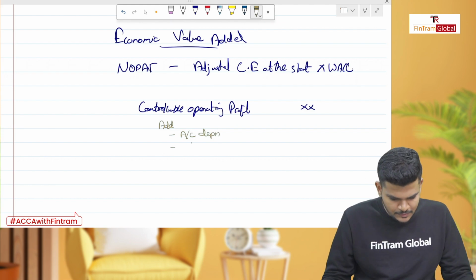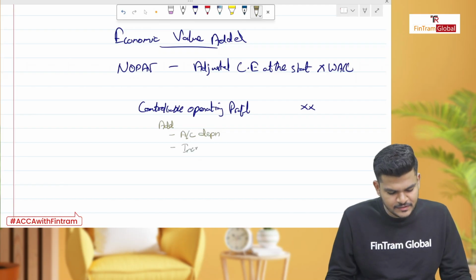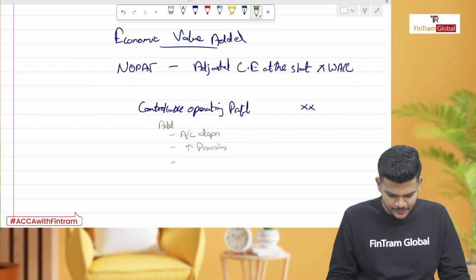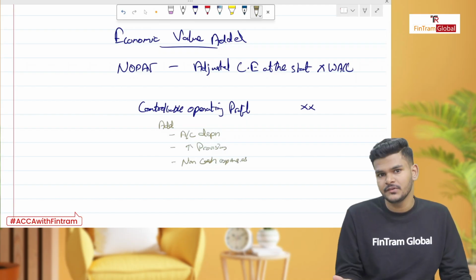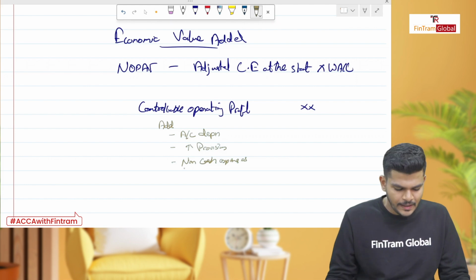And what else? If there is an increase in provision, then that needs to be added back as well, right? And if there are any non-cash expenses, such as amortization, for example, that needs to be added back.